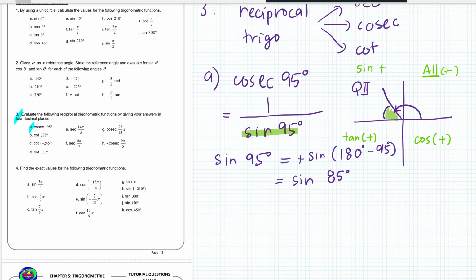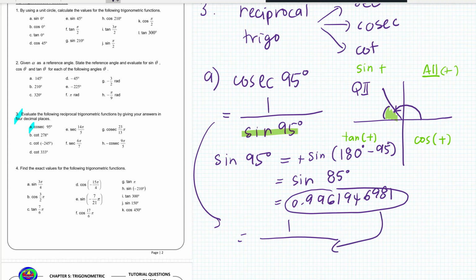If we calculate sine 85, you will get something like 0.99619466981. This is the answer for sine 95. Then we go back to the original equation.